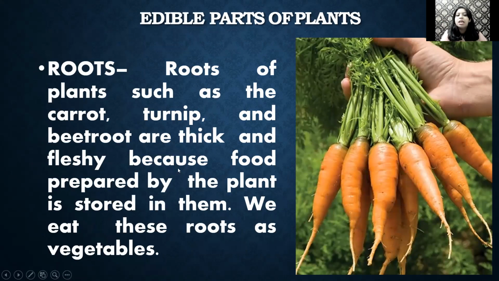So it is thick and very fleshy. Now we eat these roots as vegetables. What are they? Carrot, turnip, and beetroot, and we eat these as vegetables.